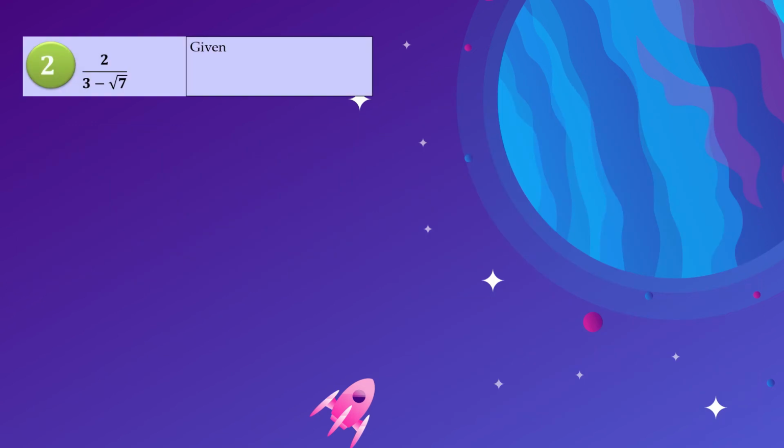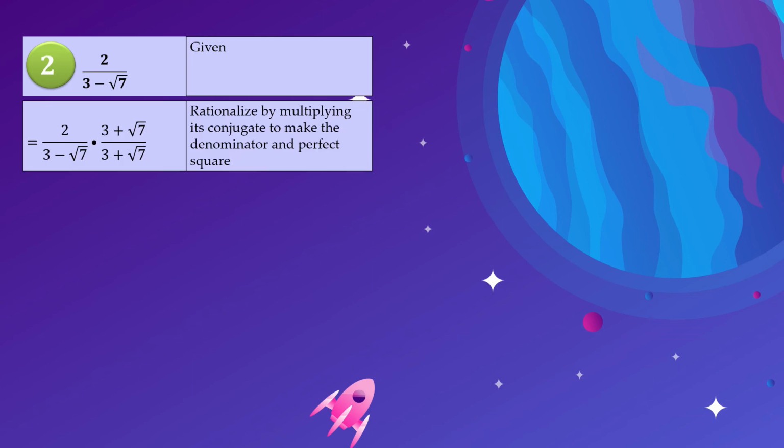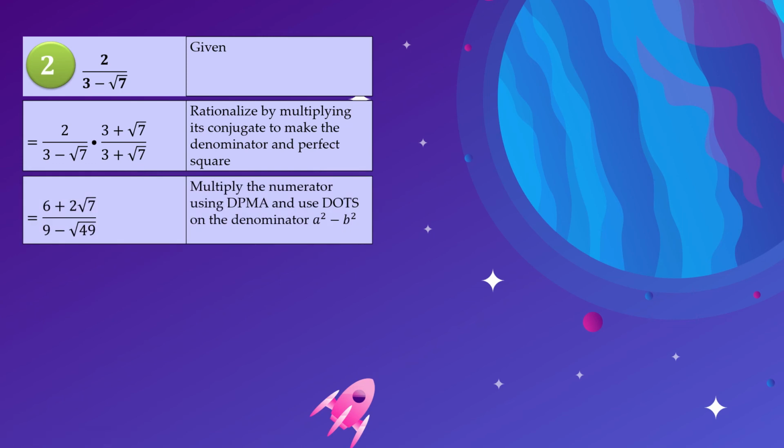Example number 2. Given is 2 over 3 minus the square root of 7. By rationalization, we multiply by the conjugate of the denominator, 3 minus the square root of 7, and that is 3 plus the square root of 7 over 3 plus the square root of 7. Next, use DPMA when multiplying the numerator. 2 times 3 is 6, plus 2 times the square root of 7, which is 2 square root of 7.